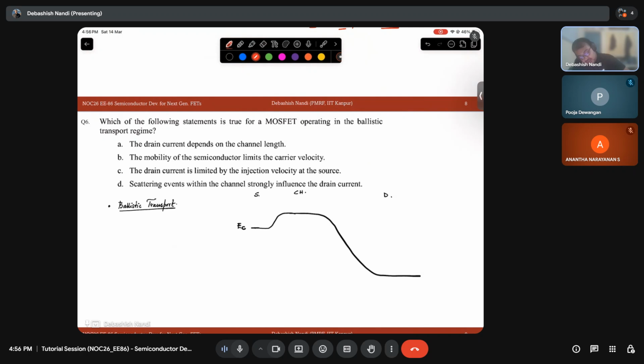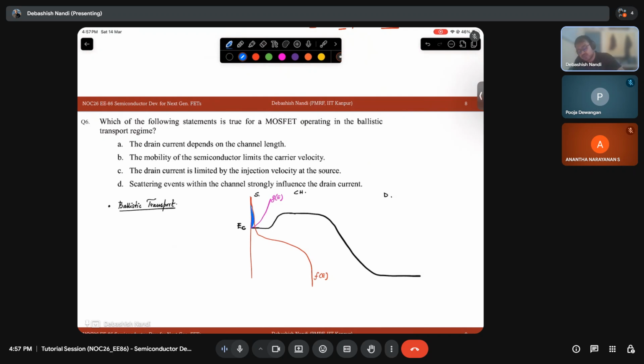Your electrons are distributed over energy. That means if you draw your Fermi-Dirac distribution, it will be like this. And if you draw your density of states, this is your G of E, this is your F of E, and the product of that and area under that will be the number of electrons.